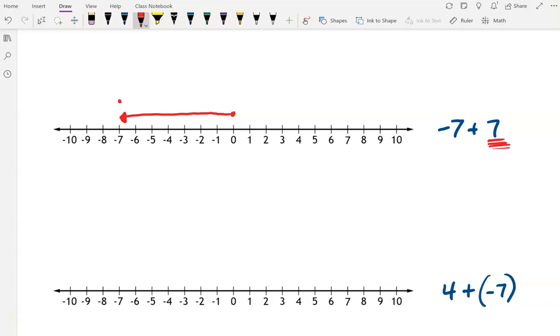We're going to go up 7 spaces. 1, 2, 3, 4, 5, 6, 7. And where does that put us? You guessed it, that puts us right at 0. No problem, right? Negative 7 plus 7 is 0.